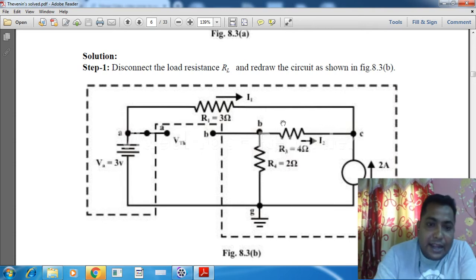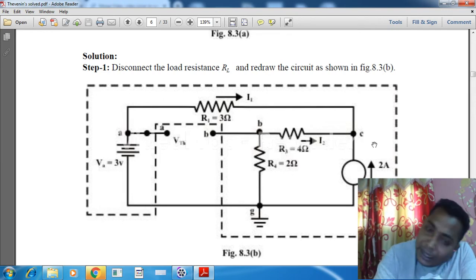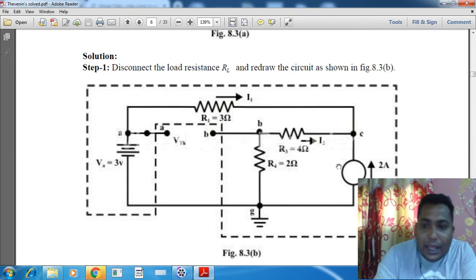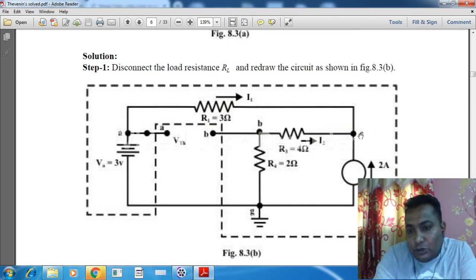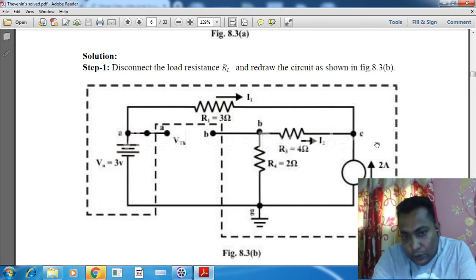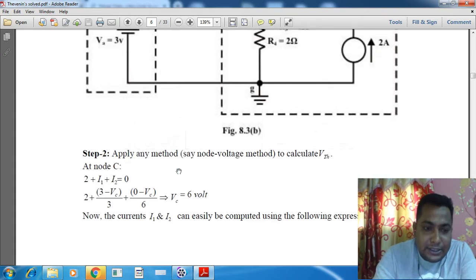So the current passing through this R1 resistor is equal to the potential difference divided by the resistance value. There is 3 volts, and at node C we have assumed Vc. So between nodes A and C, the voltage difference is 3 minus Vc, divided by 3, where 3 is the resistance value.